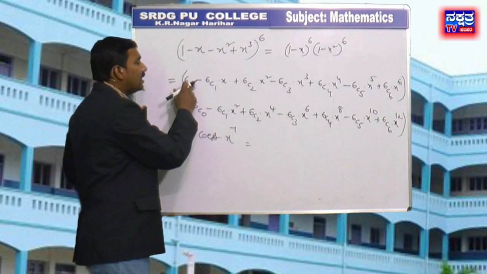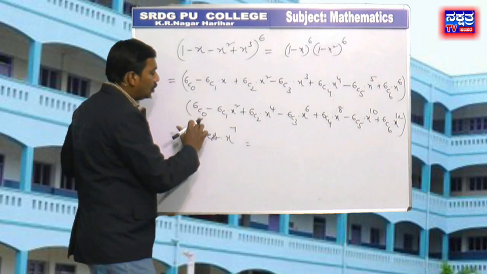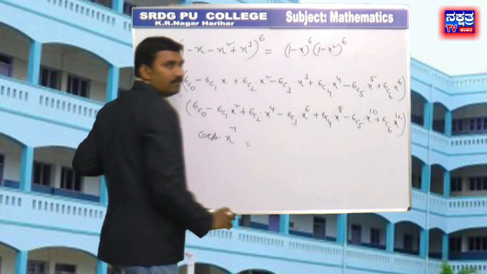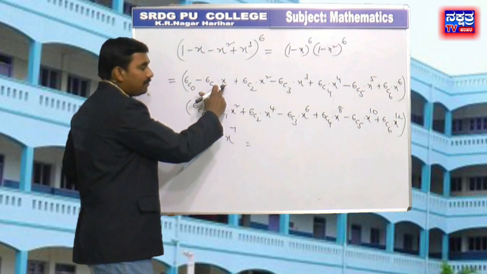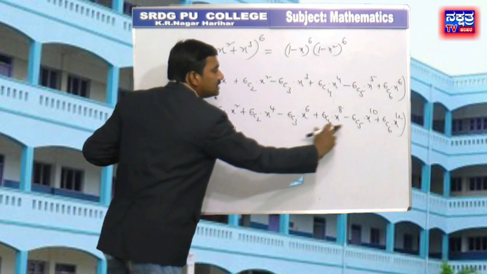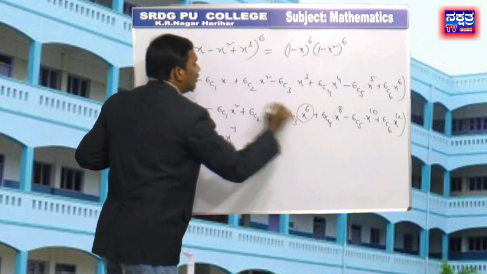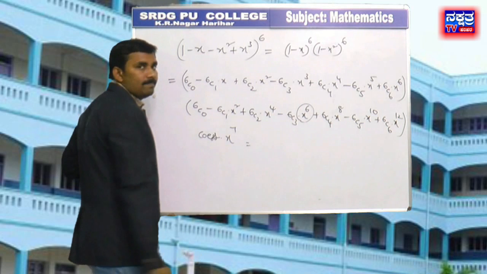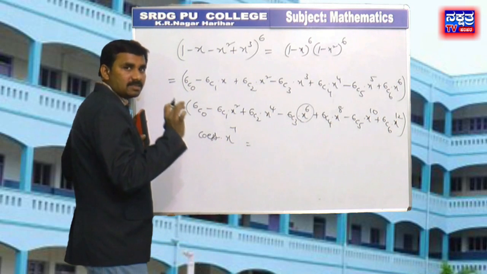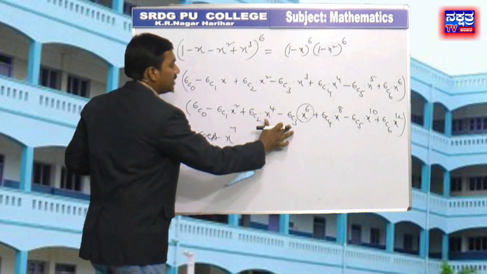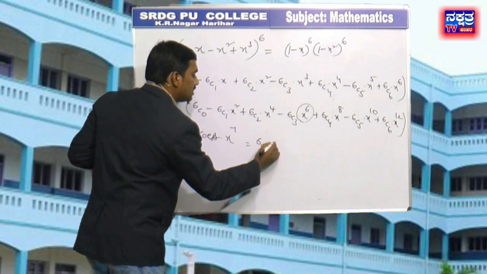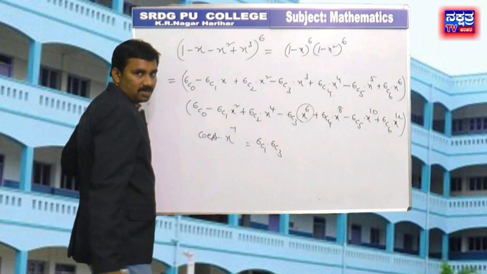See here 1 is there. 1 into, in this x power 7 term we need, that is not there. Here x into, here x power 6 is there. So x into x power 6 will become x power 7. Hence we can take minus 6c1 into minus 6c3. That will become 6c1 into 6c3.